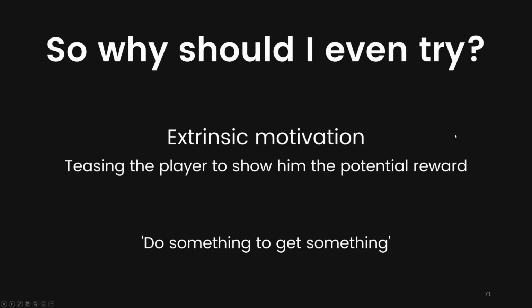For example, in one of the first slides in this tutorial area, we were teased with a reward that we already wanted to get, to actually try and take another way instead of just going out through the doors and try to achieve this reward that was presented to us in the beginning. Simply said, it's like: do something, get something.